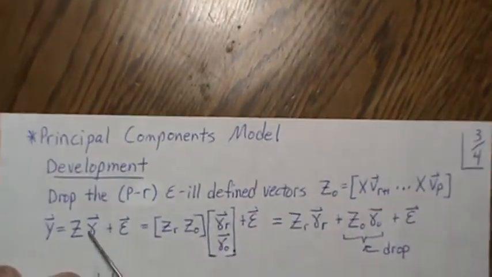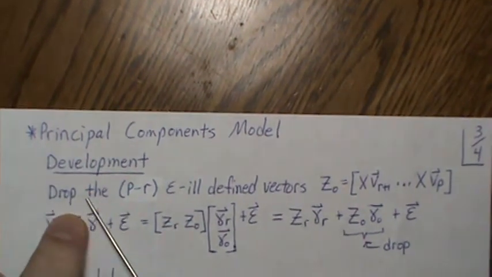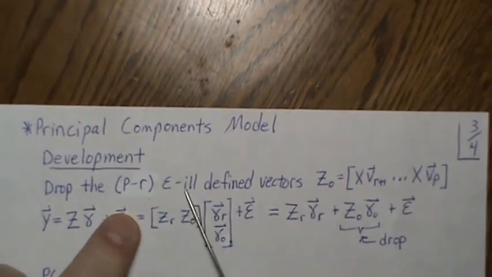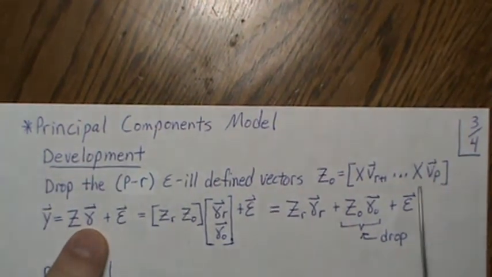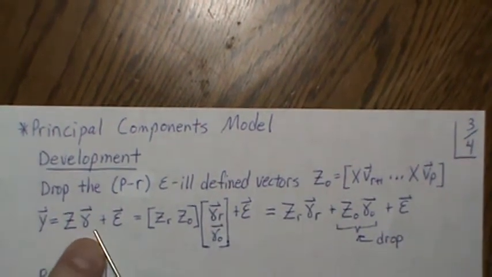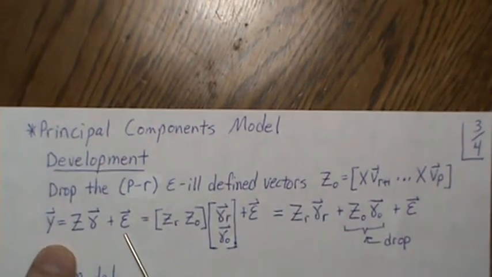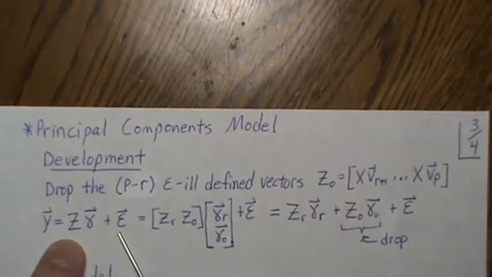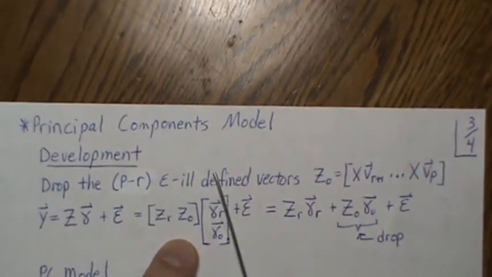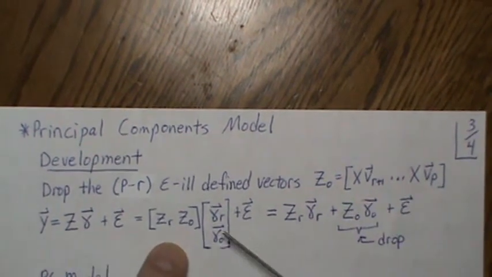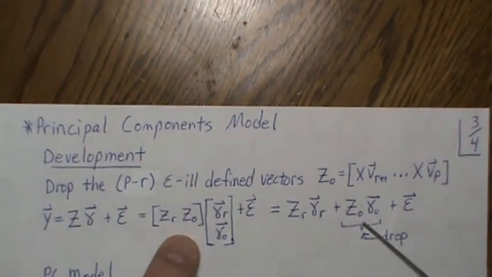So the general development is that we drop the P minus R epsilon ill-defined vectors, Z0, right? So this is the model in canonical form, and Z we split, and then the gamma vector will have to split, right? So this is essentially that, but it can also be thought of as this plus this.